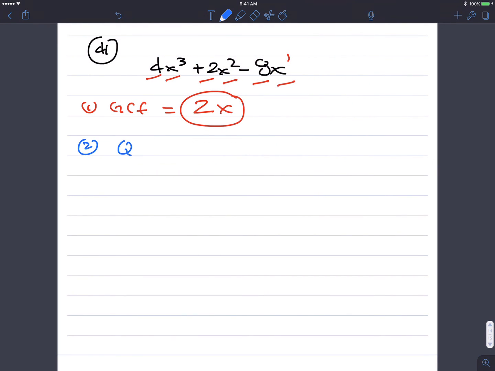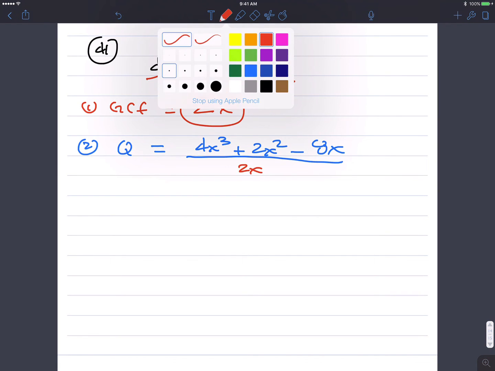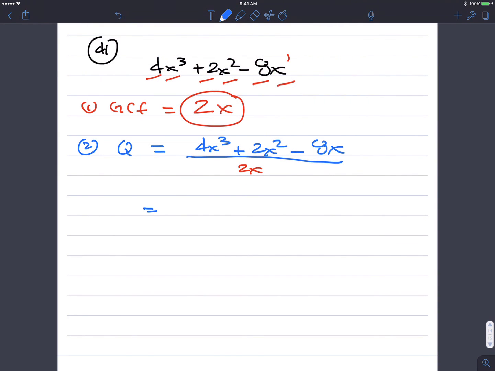So now notice how the quotient works here. We got 3 terms now, not 2. We're going to divide all 3 terms by the GCF of 2x. And we get 4x cubed over 2x plus 2x squared over 2x minus 8x over 2x. Let's just do the division. What's 4 divided by 2? 2.